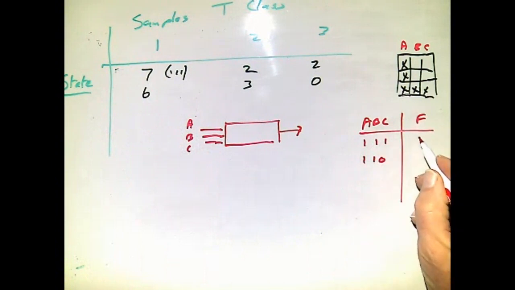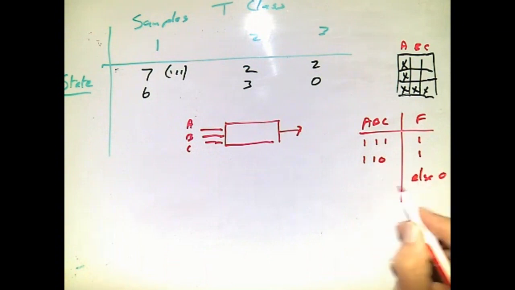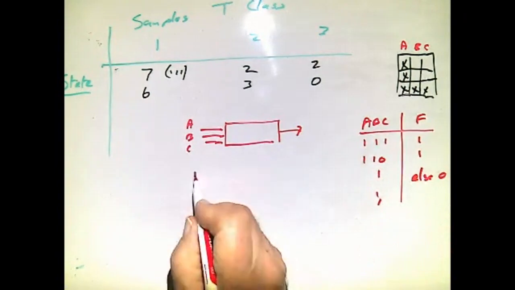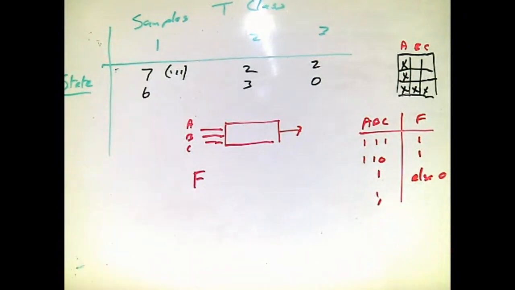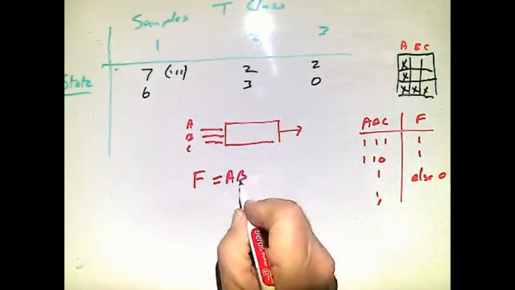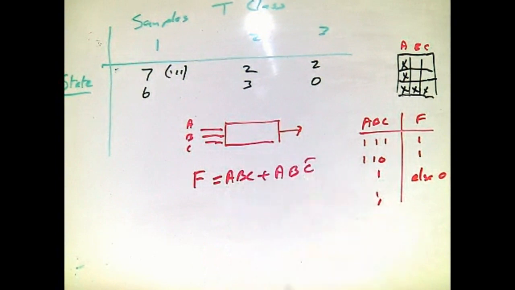The function I want is 1 and 1, and all the else 0. What is the logic function to detect a 7 and a 6 in terms of ABC? A and B. Don't minimize it. Go on, you can tell me. You can do it: A, B, C, or A, B, not C. A and B and C, or A and B and not C.